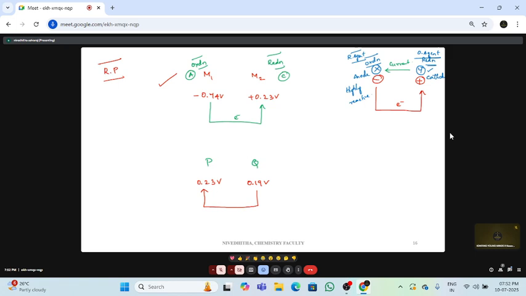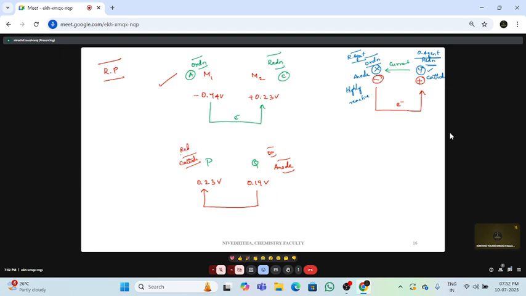So among P and Q, which is anode and which is cathode? Metal Q is anode, metal P is cathode. Very good. So this is anode and this is cathode. So this was oxidized, this was reduced.